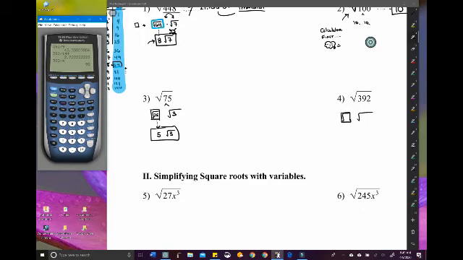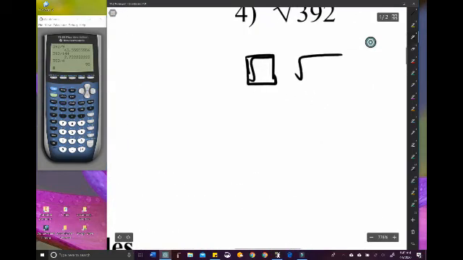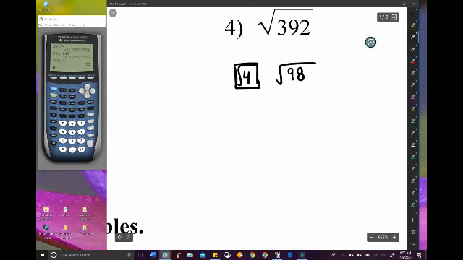Okay, so here is one particular case, and I'll explain it to you a little more here. 4 and 98. So there is a bigger perfect square that goes into it, but let's just check out this one. So 4 and 98. Okay, so we find that one. Now 4 can become 2 and square root of 98.